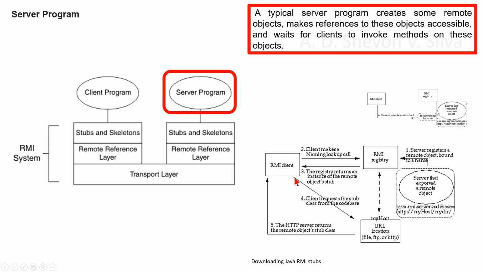Note, steps 4 and 5 are the same steps that the registry took to load the remote object class when the remote object was bound to a name and registered with the Java RMI registry. When the registry attempted to load the remote object stub class, it requested the class definition from the code base associated with the remote object.